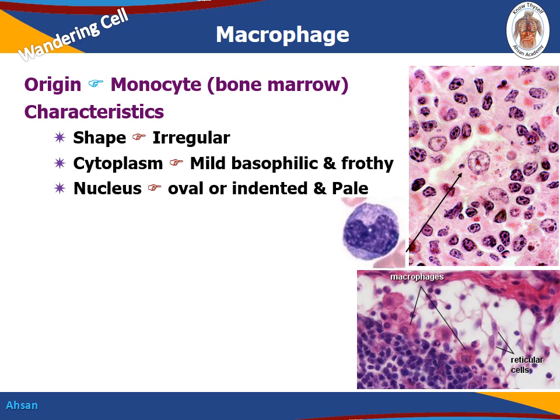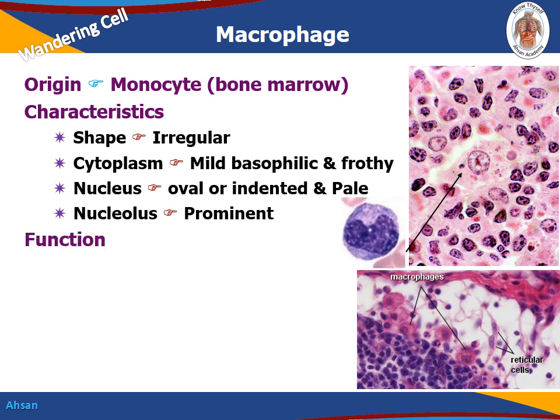You can see the small rounded photographs here under the microscope. The nucleus is indented, but in the right one the figure is rounded because it depends on the focus. If the microscope is focused in the proper direction, the indentation is visible only in one direction.